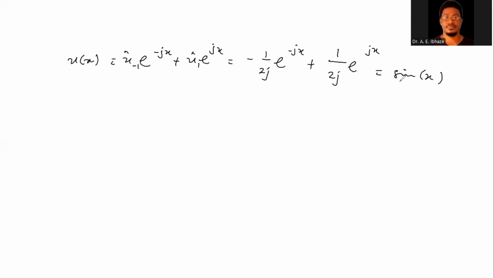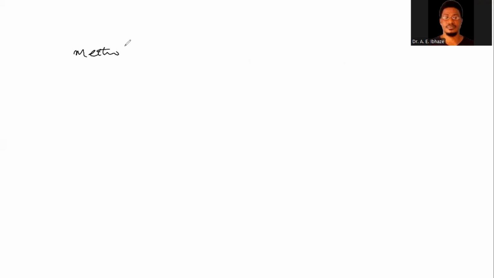So now we can consider one more method, which is the method of lines. For the method of lines, we're going to introduce some other constraints.